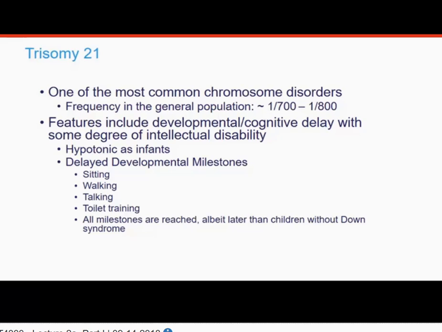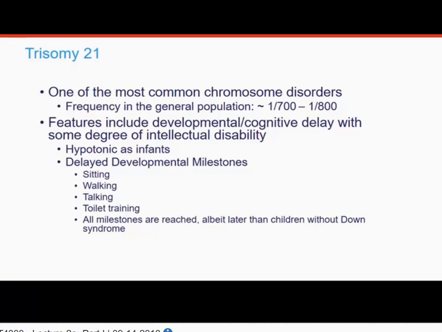Trisomy 21, probably many of you either have a family member with Down syndrome or know someone who does. Overall it is one of the most common chromosome disorders, with a frequency in the general population of around 1 in 700 to 1 in 800 live births.